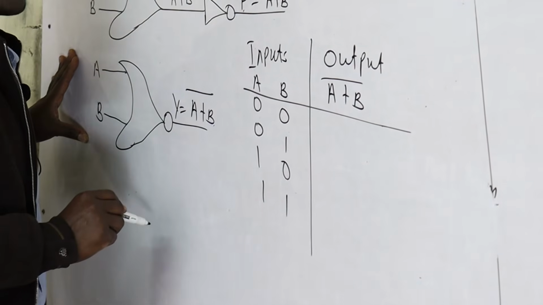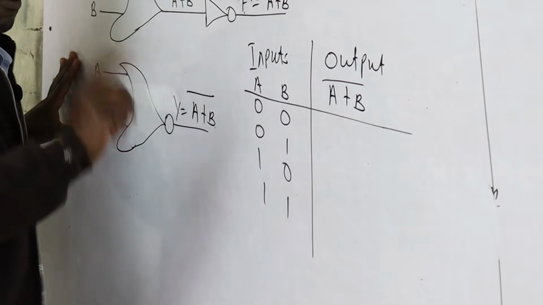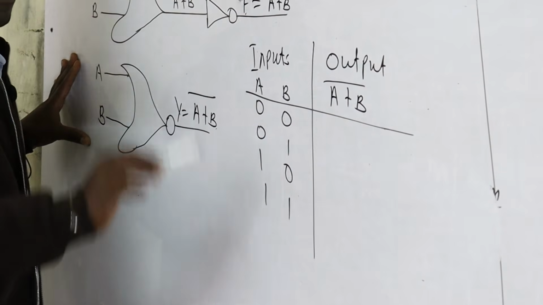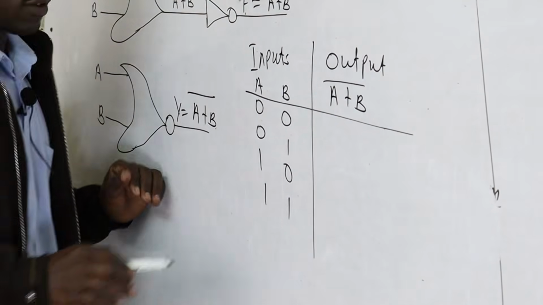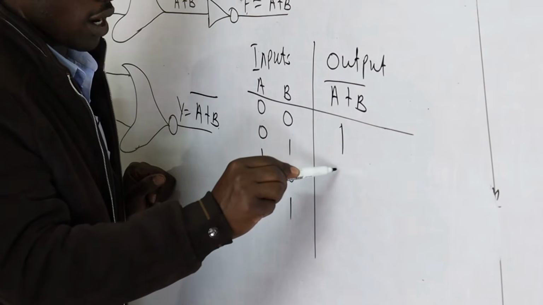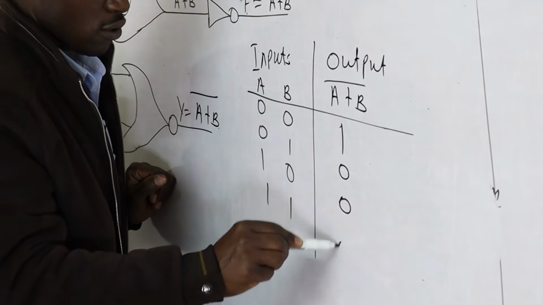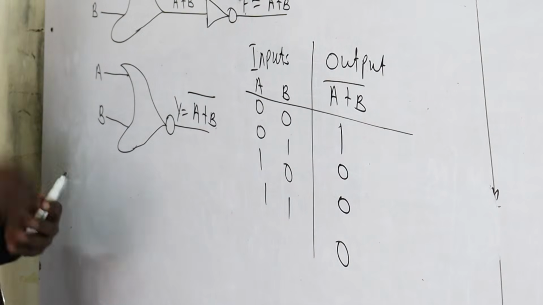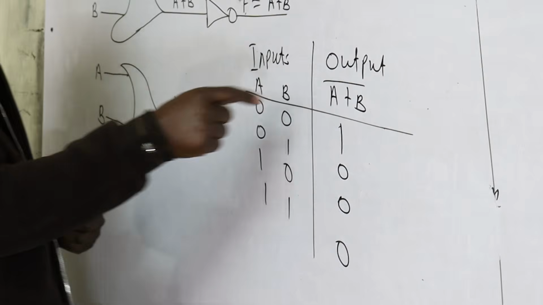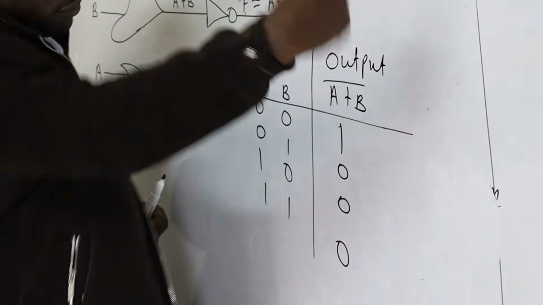An OR gate is a parallel switch. It is off only when all the inputs are absent. So it means the opposite of an OR gate is, here it will be 1, others will be 0. But because this one does not show me clearly what's happening, I like drawing another truth table passing through the OR gate before I go to it.